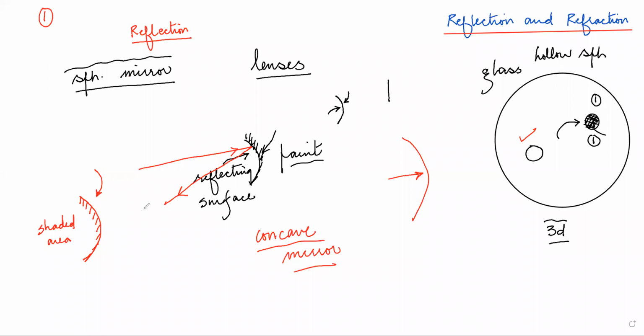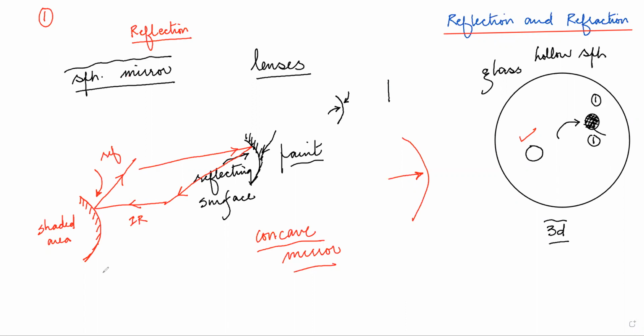So imagine in a very strange way, here the rays will get reflected, means if a ray comes, it will get reflected in this way. Obviously, it cannot enter because of this shaded area. The other portion is painted. So the ray will come. This is the incident ray, and this will get reflected.